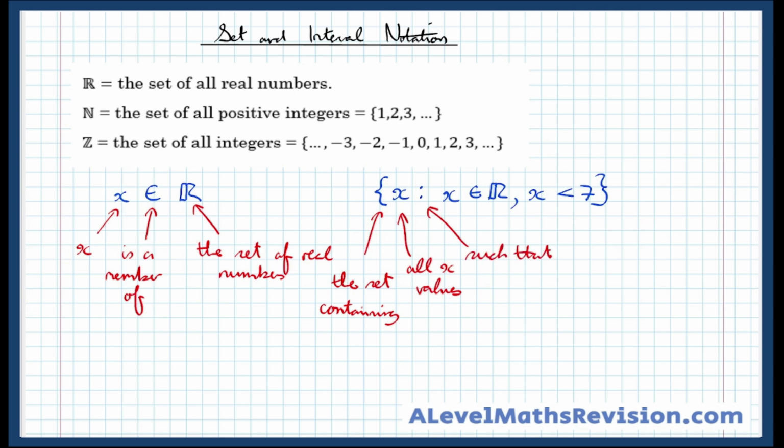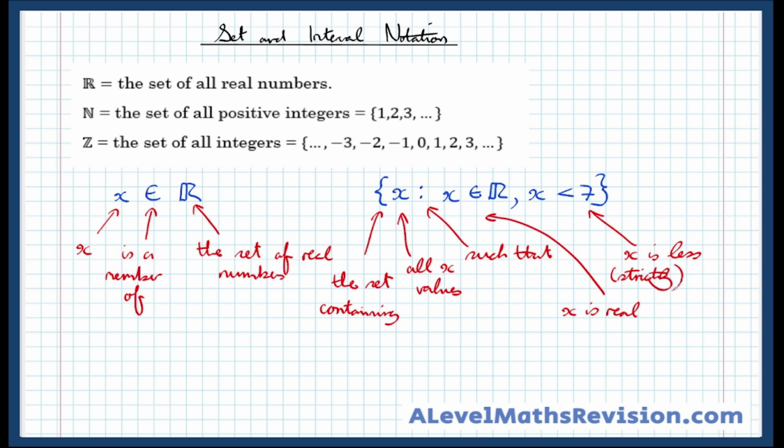such that, and that's what that colon means, such that x is real. We just came across that statement before. x is a member of the real numbers, or for short, x is real. And we'll put an extra condition on there. And x is less, and that's a strictly less than.